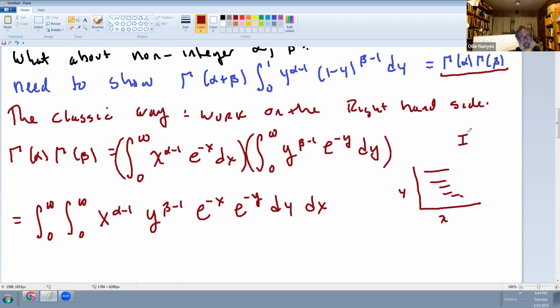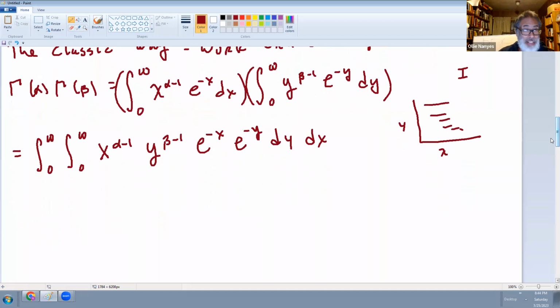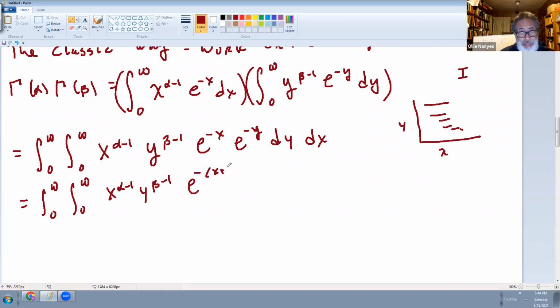Now the next thing I can do is rewrite this integral slightly. This is e to the minus (x plus y), dy dx. Now we do a change of variable.